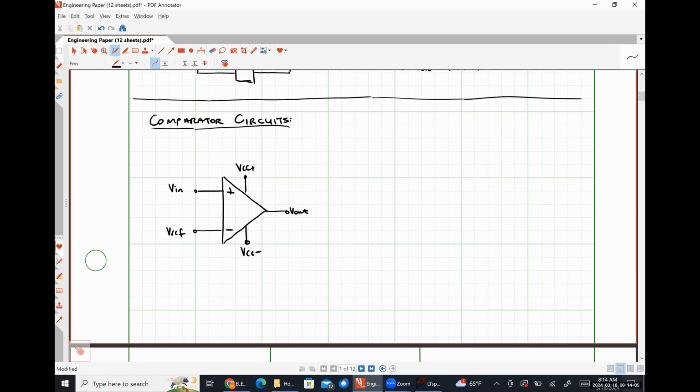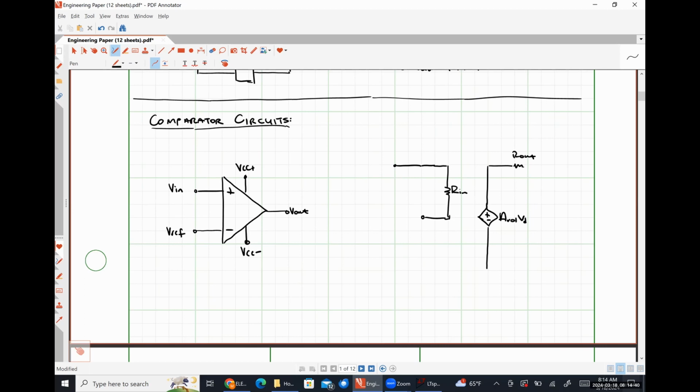So what would our practical op-amp model representation of this circuit look like? Well, something like this. Here's Rn. Here's our open loop voltage gain times our differential voltage.